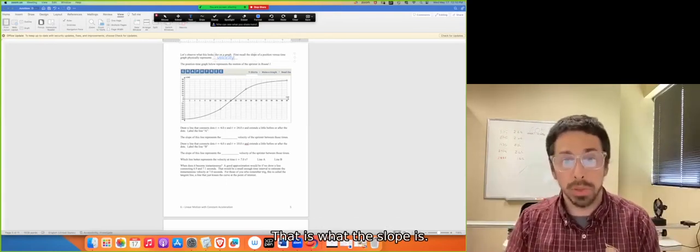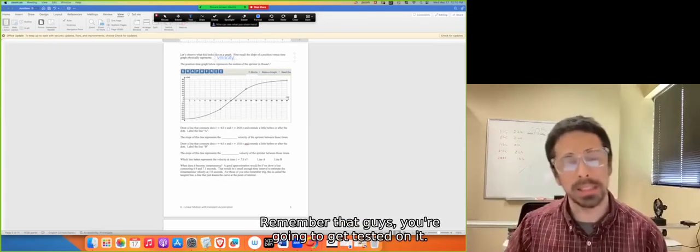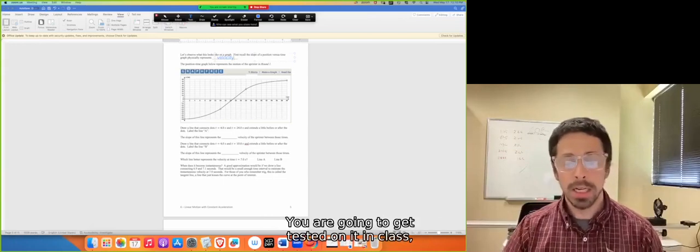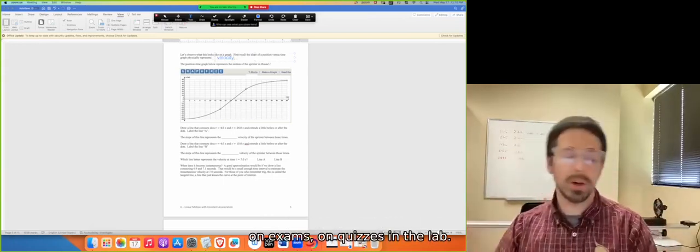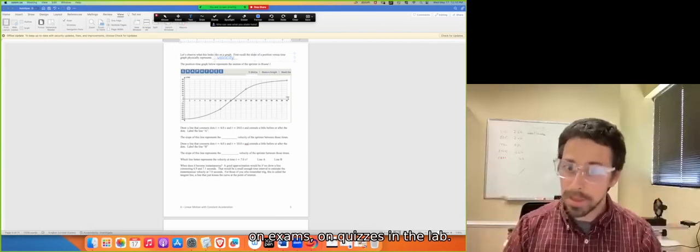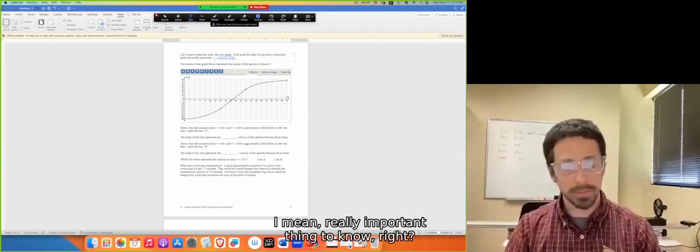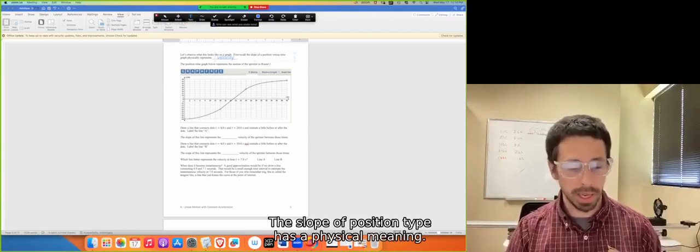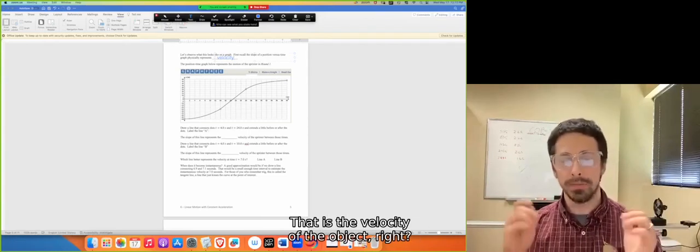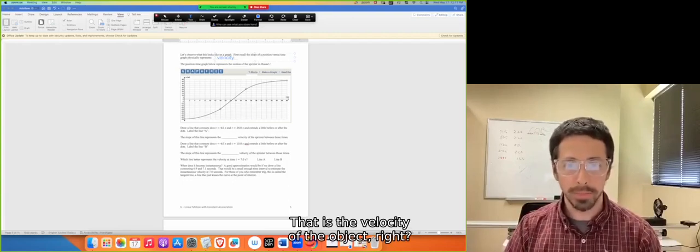That is what the slope is. Remember that, guys, you're going to get tested on it in class, on exams, on quizzes, in the lab. It's just a really important thing to know. The slope of position time has a physical meaning. That is the velocity of the object.